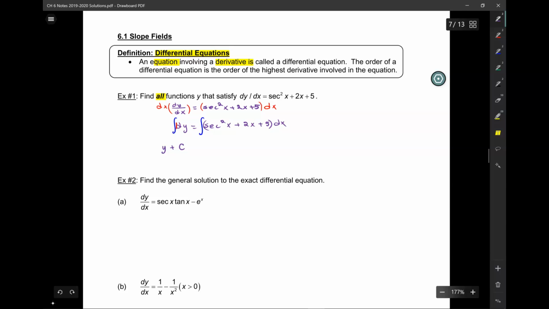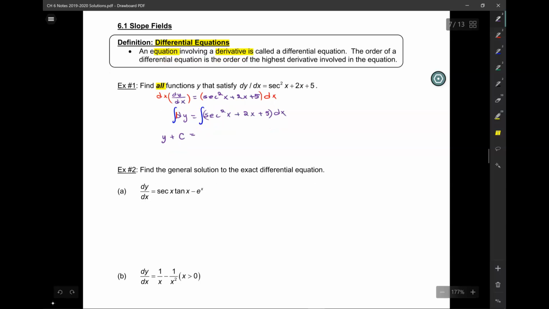Equals, now I'm going to take the antiderivative of the other side. So integral of secant squared is tangent x plus 2x squared over 2, so x squared plus 5x. Okay, now here's the deal. Plus c.